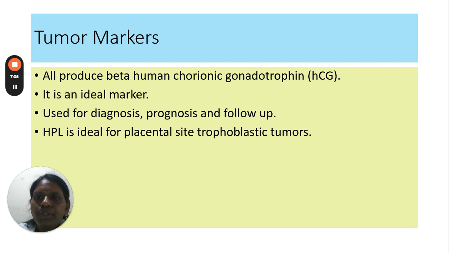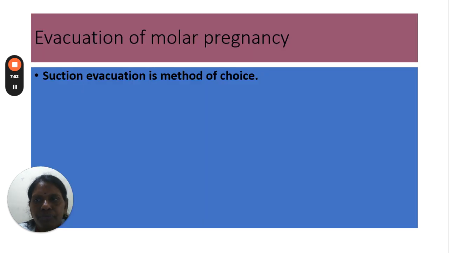Tumor markers all produce human chorionic gonadotropin. Beta HCG is an ideal marker used for diagnosis, prognosis and follow-up. HPL is ideal for placental site trophoblastic tumors.